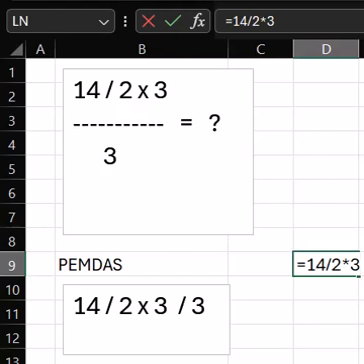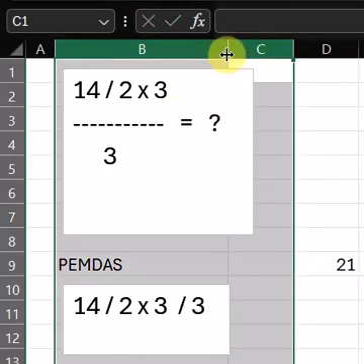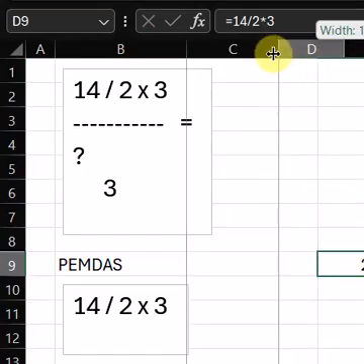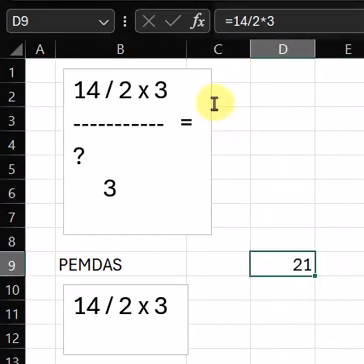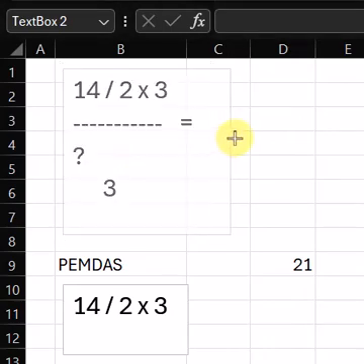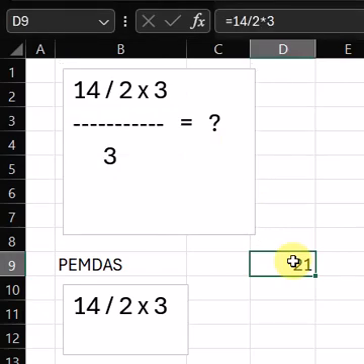It's going to bleed off the page, so look up here. Actually, let me move this so you can see more of it. All right, so we've got 14 divided by 2 times 3 divided by 3.